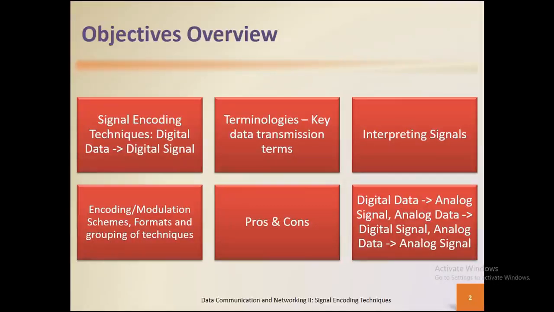Okay, so in general terms, encoding is when you're purely dealing with digital information or digital signaling, and modulation is when you're looking at purely analog, or when you're moving from one transmission form to another.